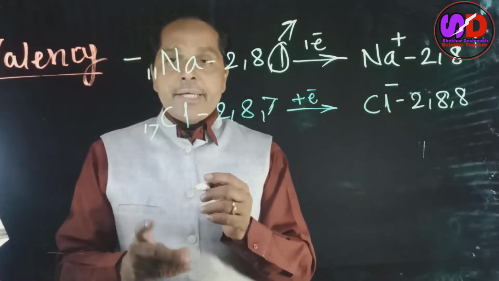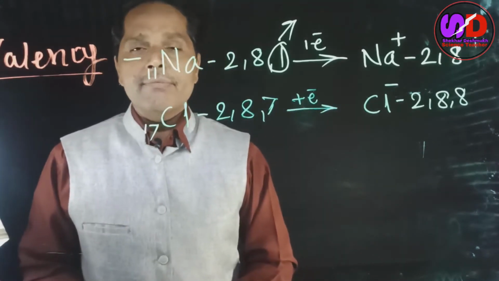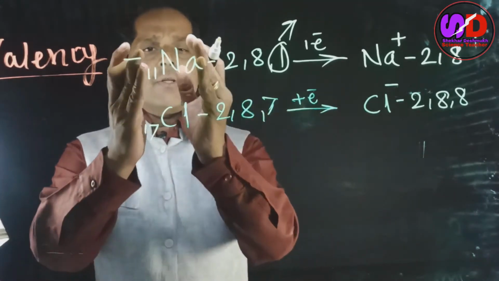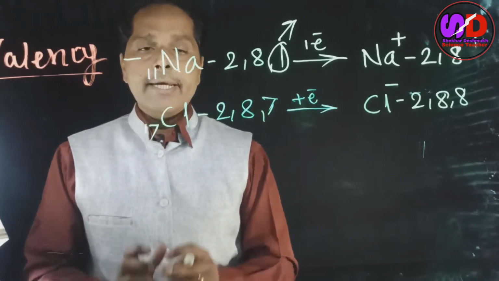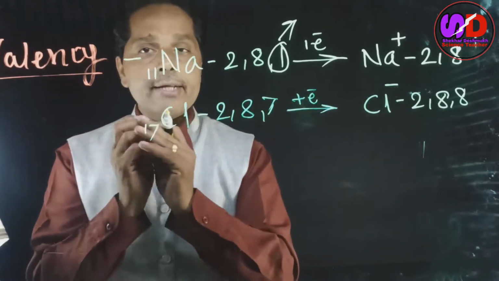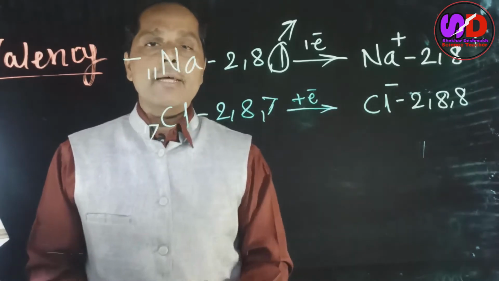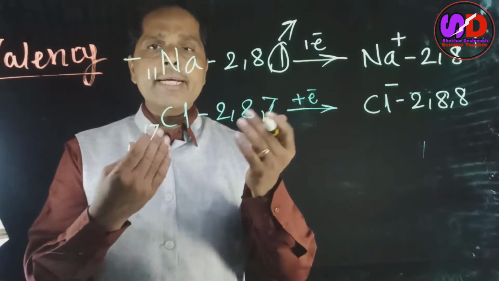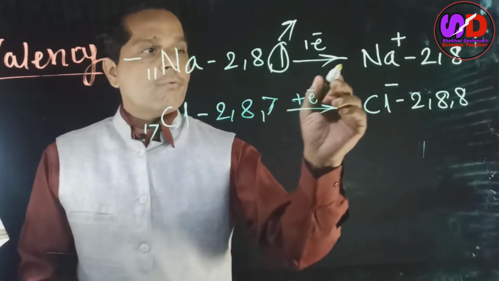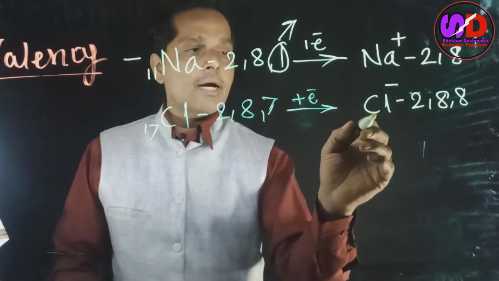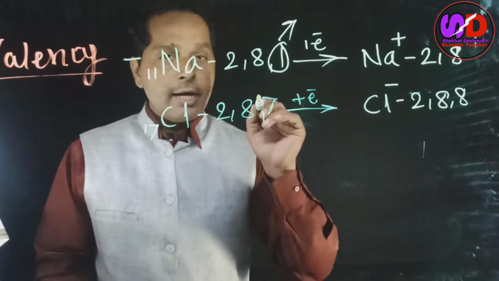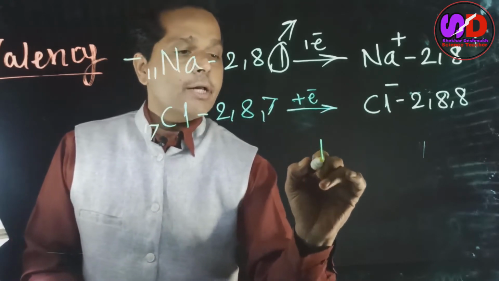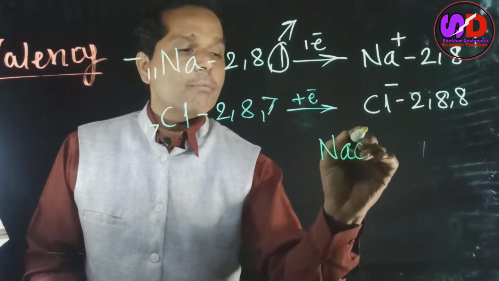So after give and take of electron, whenever these two atoms come close to one another, sodium gives 1 electron to chlorine, chlorine takes that electron, and one has positive charge, other has negative charge, and therefore the compound NaCl is formed.